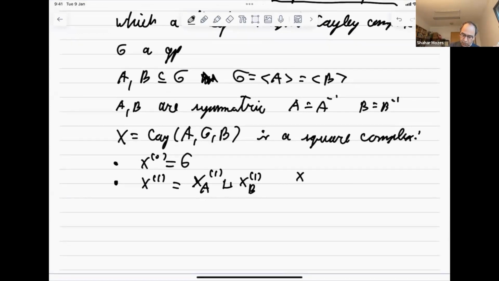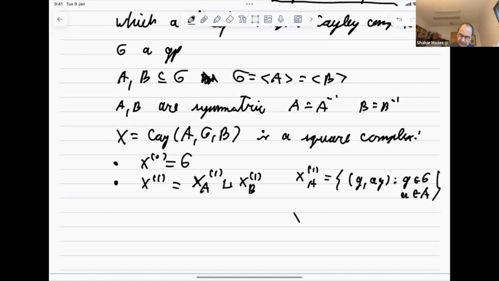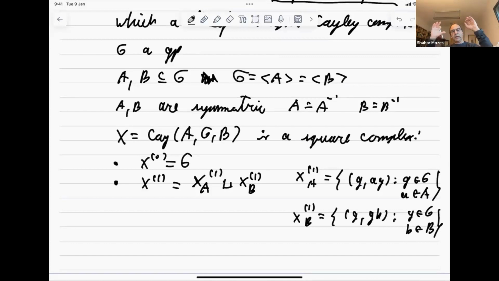X1A is the collection of all pairs (g, ag), so these are the edges of the left Cayley graph of G with respect to A, with g in G and a in A. X1B is the collection of all pairs (g, gb), again with g in G and b in B. So you take the group G, take the vertices, the elements of G, and draw both the left Cayley graph and the right Cayley graph.